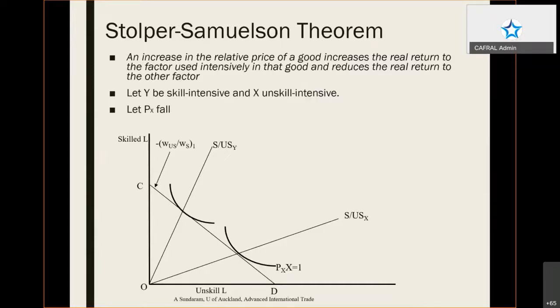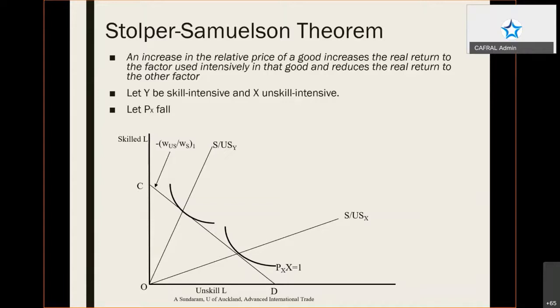Okay? Now, let's talk about developed and developing countries. Typically, we think of developed countries as being abundant in capital relative to labor, and also skilled labor relative to unskilled labor. And we think of developing countries as being the opposite. They are more abundant in unskilled labor relative to skilled labor.